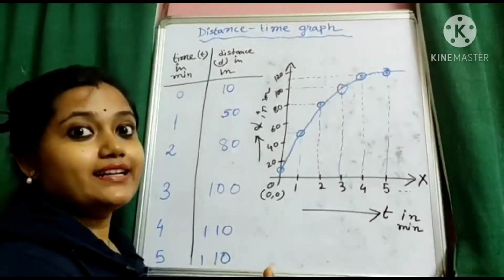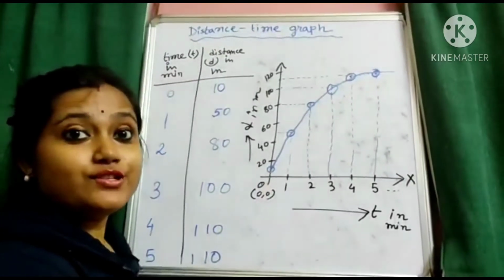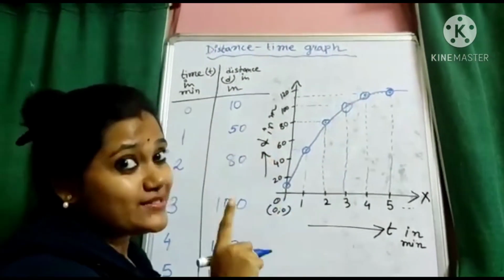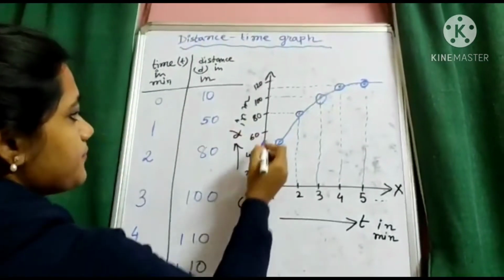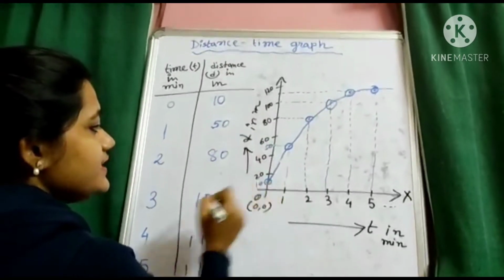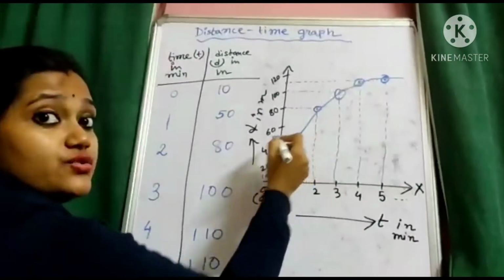So who will tell that? The slope, definitely. And how to find the slope? You can remember it: y2 minus y1 divided by x2 minus x1. So I'm taking the first 2 points, this one was 50, this one was 10.